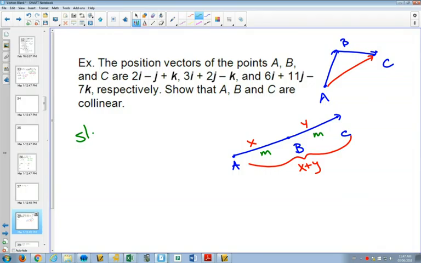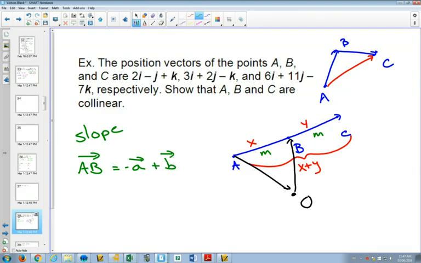If we were doing the slope idea, A to B, the direction from A to B, well, we've got some origin somewhere here. In order to go from A to B, you'd have to go negative A plus B. A is 2, negative 1, 1.